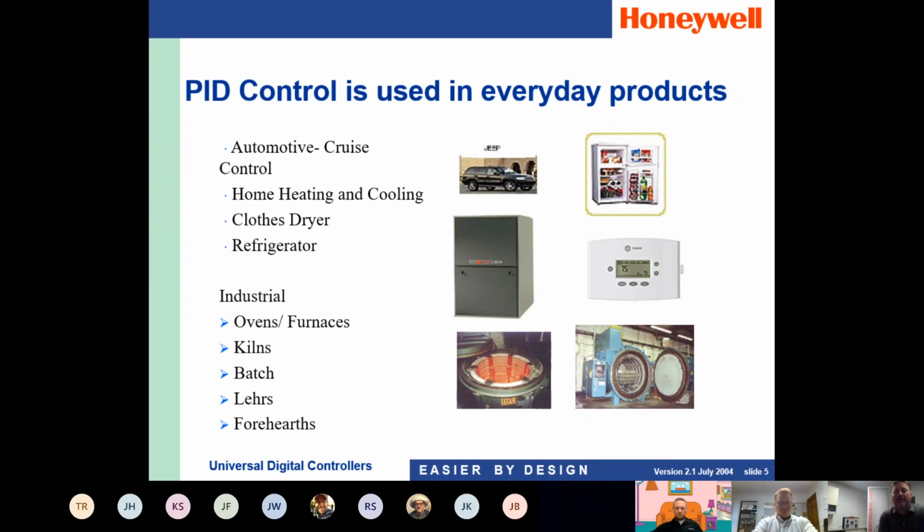You also have a pretty elaborate PID control system in the cruise control of your car. When you think about it, when you're setting your cruise control, let's say 60 miles per hour, or like my wife at 80 miles per hour, the cruise control in your car is trying to control the set point, which is what your speed is at.